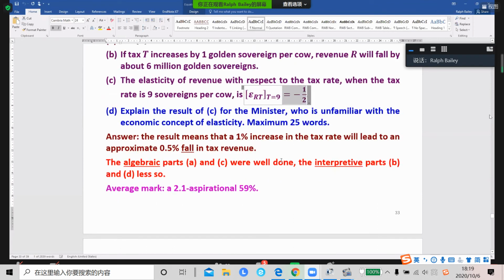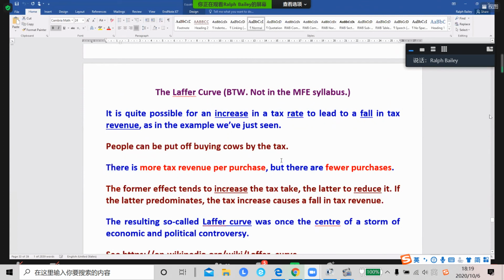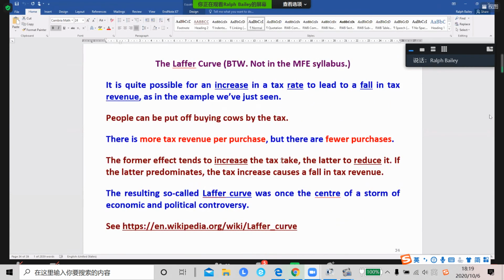And that leads me on to the controversial economics I've mentioned. So in the example we've seen, we've increased the tax rate, but nonetheless got a fall in tax revenue. Could that ever happen in reality? Yes, it can. Because, for instance, when you impose a purchase tax, you're dissuading people from purchasing, which cuts your revenue.